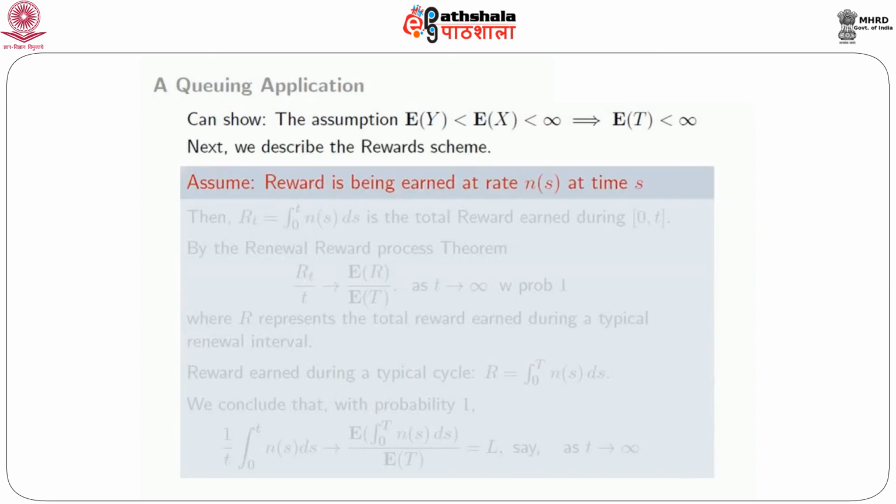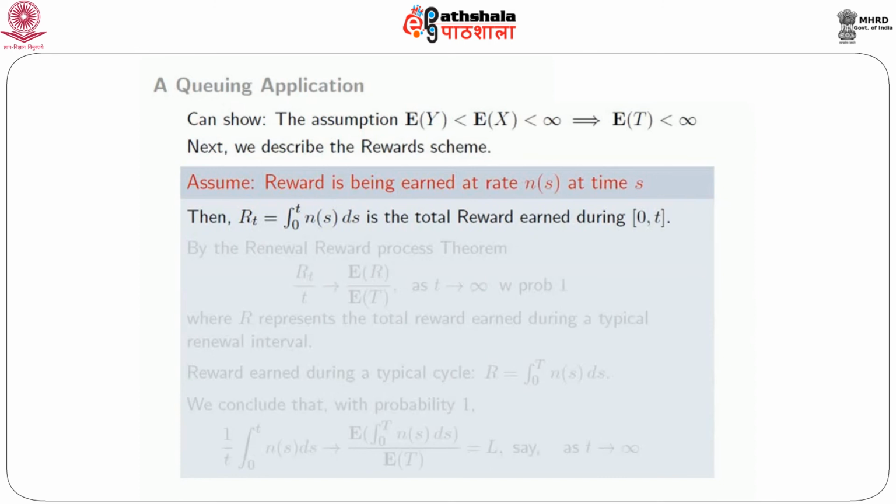So next we describe the reward scheme. Assume that reward is being earned at a rate n(s) at time s. Then R(t), the total reward earned during the time 0 to t, would be simply the integral from 0 to t of n(s) ds, because at time s you are earning the reward n(s).